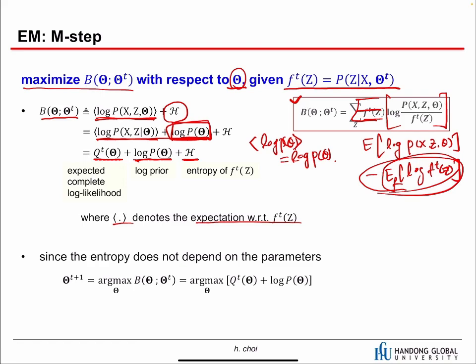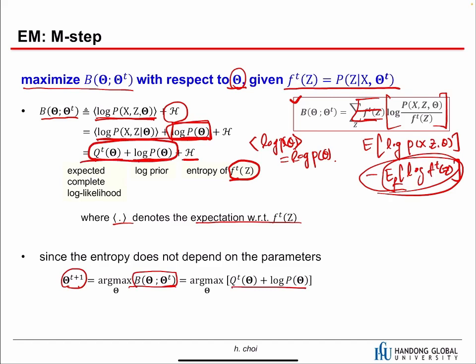So we are pretty much done. Since the entropy does not depend on the parameters, this one has nothing to do with parameter theta. So we choose the parameters such that they maximize this lower bound, and instead of using this one, we can actually focus on this one.